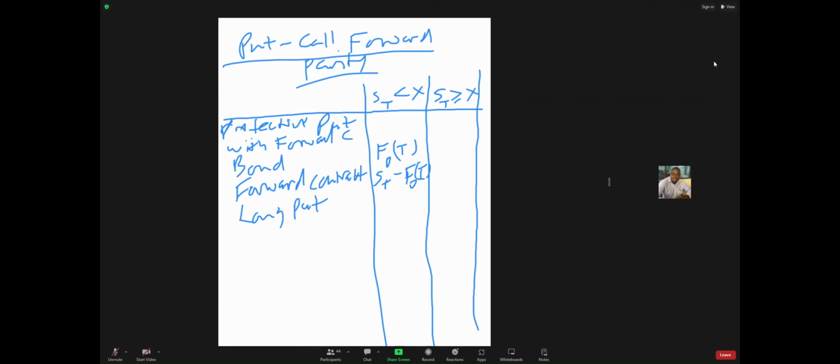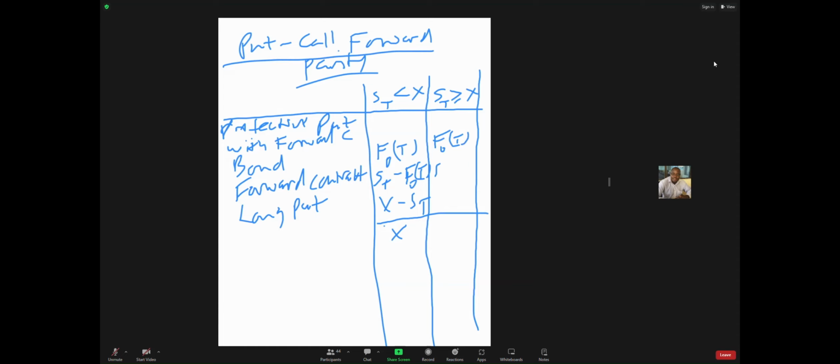That's why we are saying ST minus the forward price. Then the put is going to be X minus ST. So total value of this thing, if you add this and this, ST and ST cancel, so the value remains X here. And here, the value of the forward contract is like that.